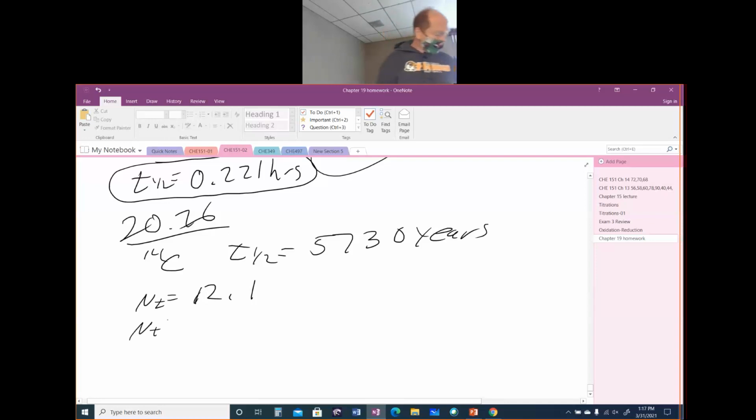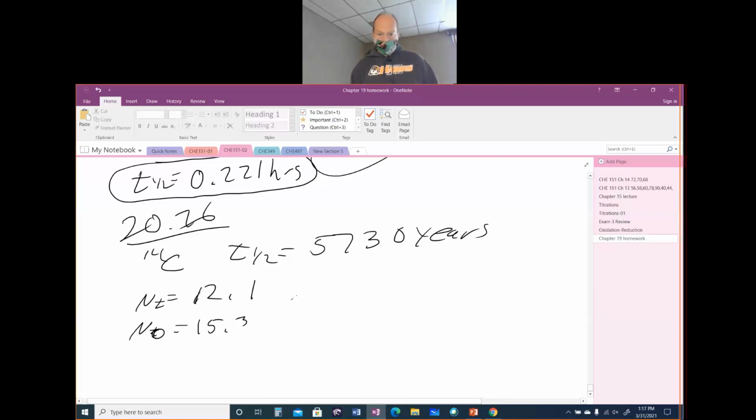A living material gives 15.3, so that's your initial: 15.3 disintegrations of carbon-14 per minute per gram of carbon. There is what it is now versus what it started with. You already have your half-life, and the question is, how old is it? So you're doing carbon dating.